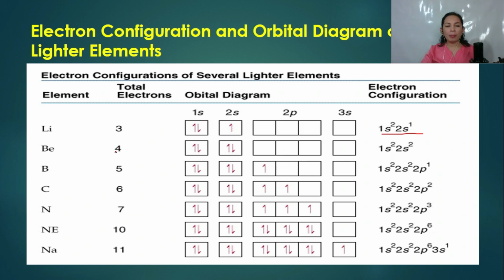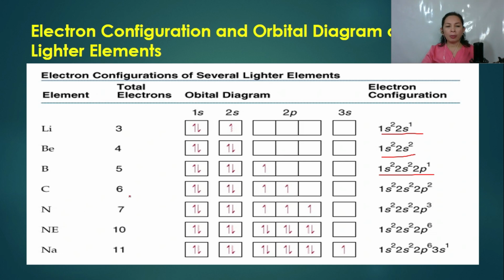And beryllium, we have 4, 1s2, 2s2, so meaning 1s has 2 electrons, 2s has 2 electrons having opposite spin. And then boron, we have 5. This is our electron configuration: 1s2, 2s2, 2p1, total of 5 electrons. So this is our orbital diagram.